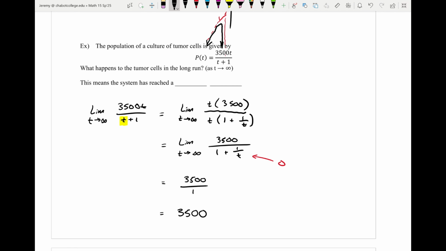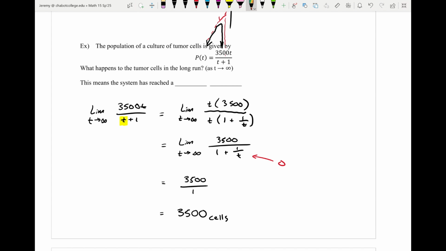Okay? So what's happening here is the population of this culture, as represented by this function p of t, we see that as time goes on, as t goes to infinity, this is going to converge to a kind of terminal population of 3,500 cells. Okay?